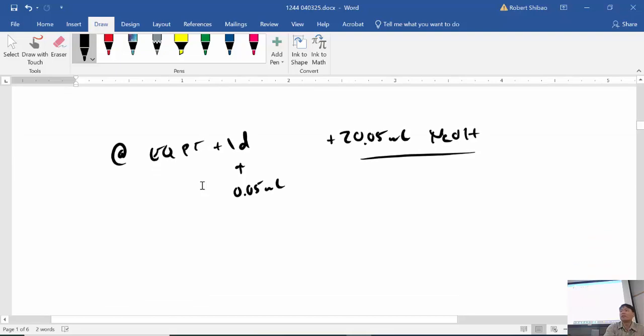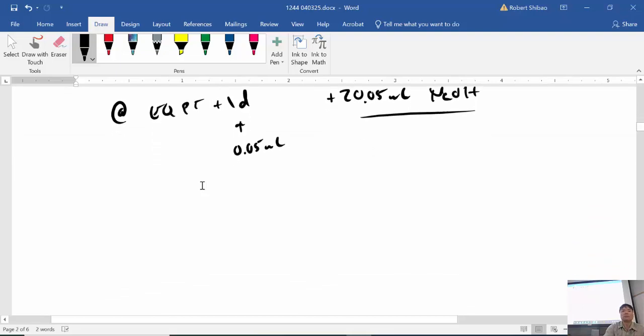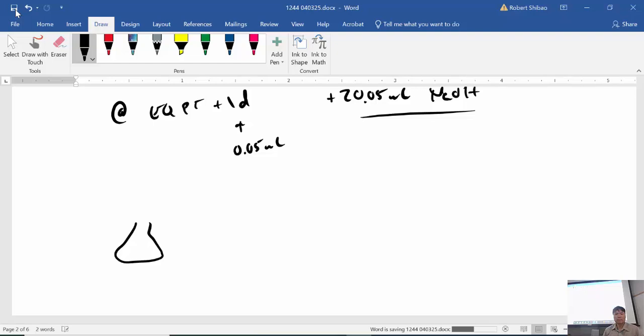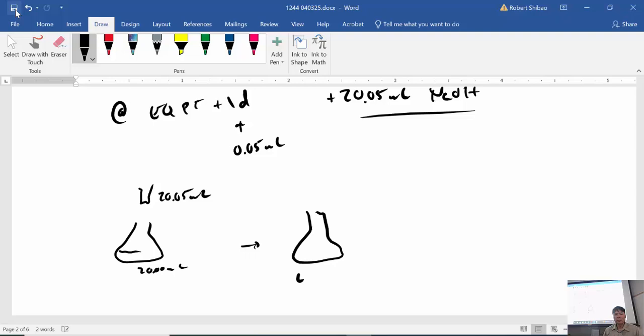So let's see what the pH goes up to after 1 drop. We're adding 20.05 milliliters to our 20 milliliters here, which gives us a total volume of 40.05 milliliters. Then let's calculate the concentrations. The numbers are not going to come out so clean here, and I have to carry extra digits.